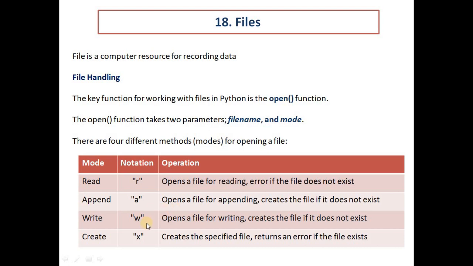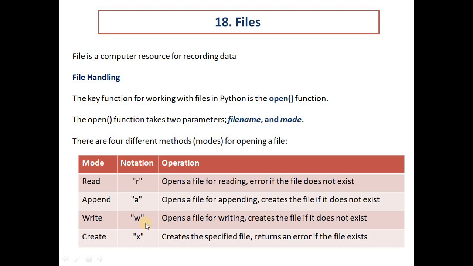Another mode is called write. It will open a file for writing. When you write something, it will overwrite whatever is available in the file. As in the previous example, my file had a single line, "let's keep social distancing." When you write "let's defeat COVID-19," it will overwrite the previous statement.